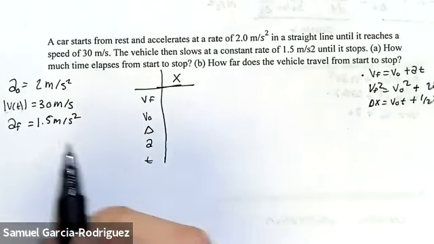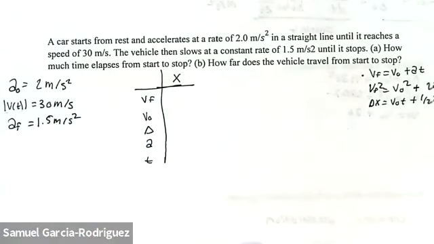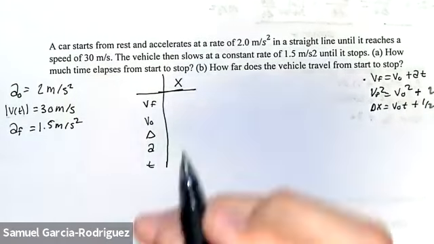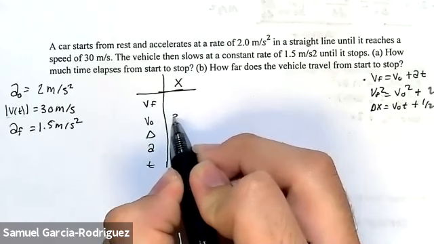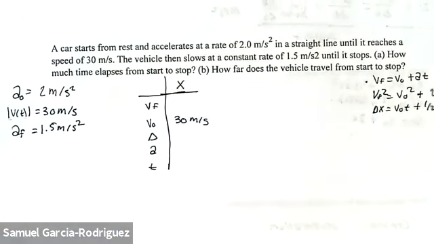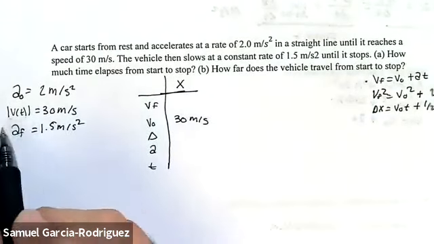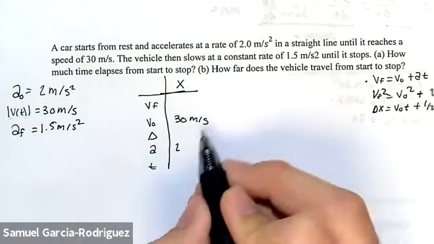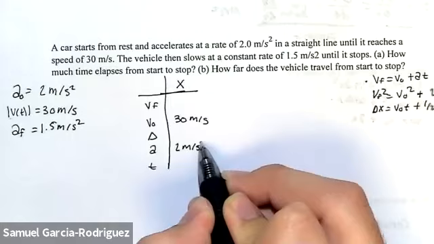So it gives us a final speed, but I'm just going to go ahead and put it as velocity. So 30 meters per second. We're going to go ahead and use this initial acceleration, which is 2 meters per second squared.